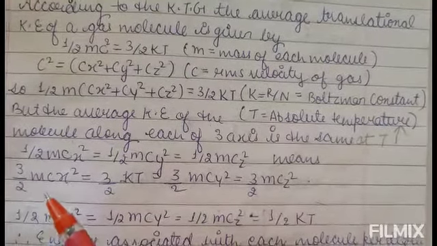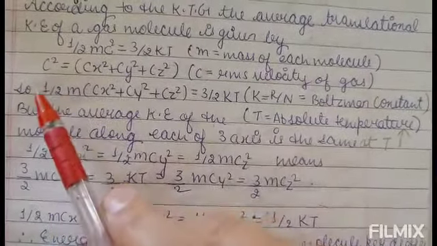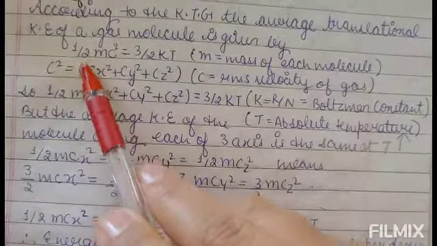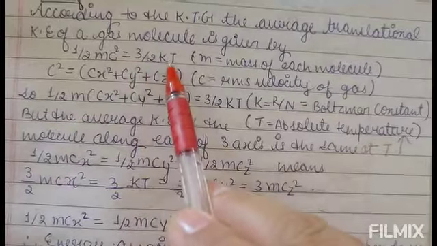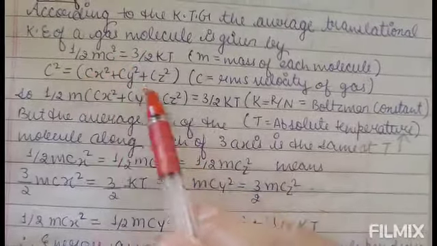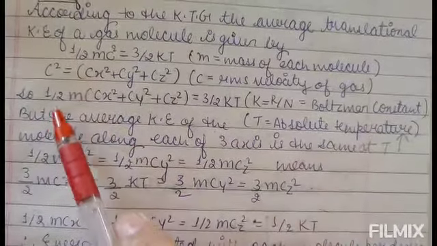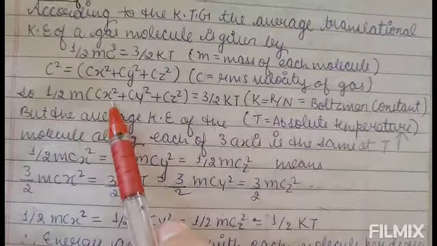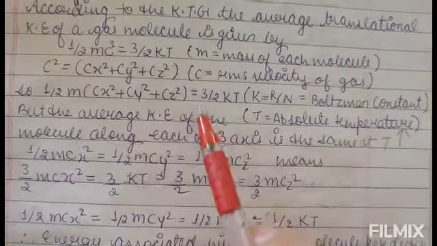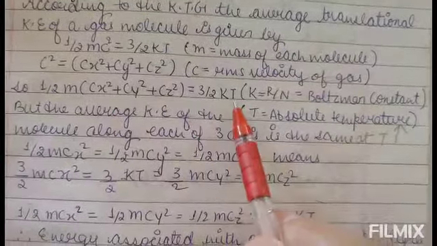Now we will see here, half mc square is equal to 3/2 kT. So in place of c square, if we put this value, it is half m times cx square plus cy square plus cz square, and that is equal to 3/2 kT.